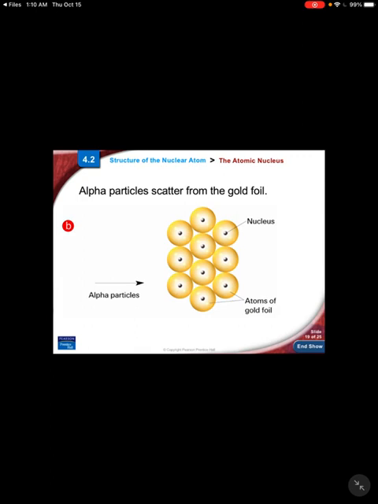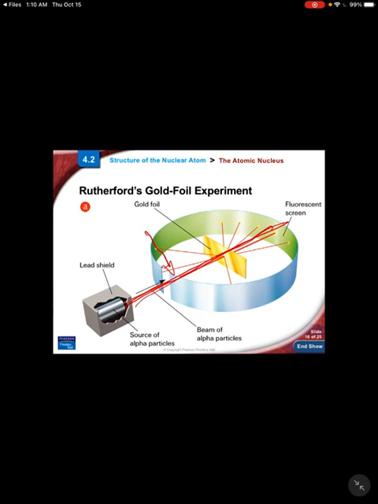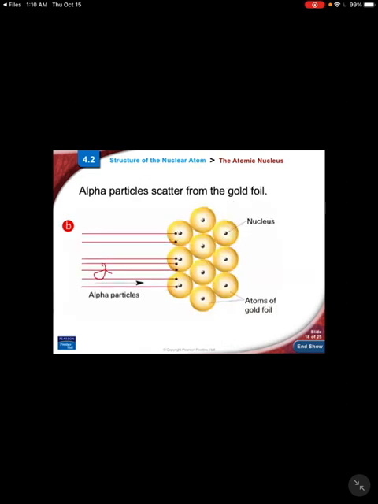And he concluded that the alpha particles were able to pass through because they're encountering atoms that are mostly empty space, and that most of the mass of the atom was concentrated in a very small area at the center of the atom that he termed the nucleus.